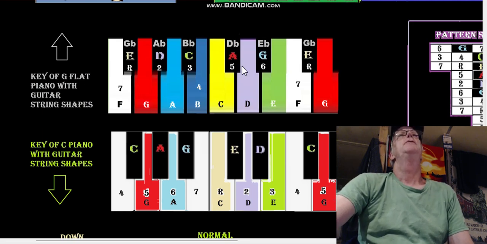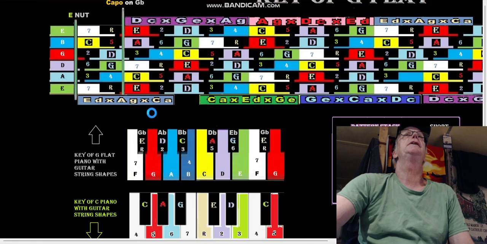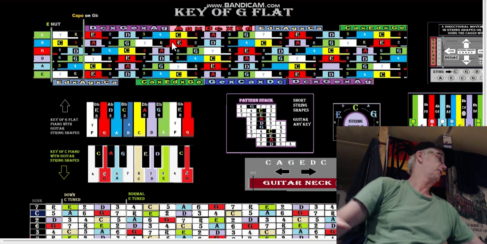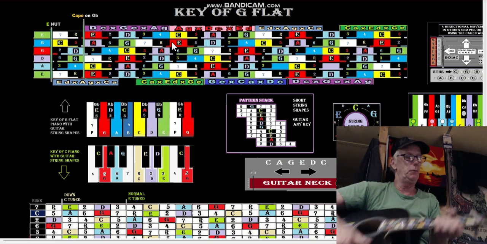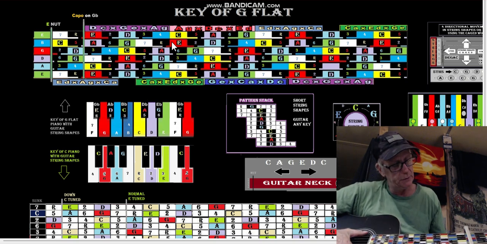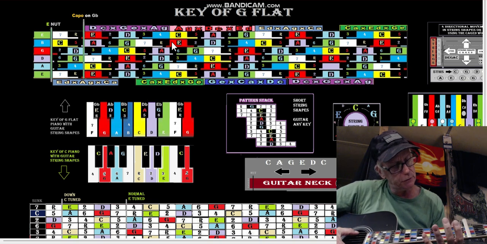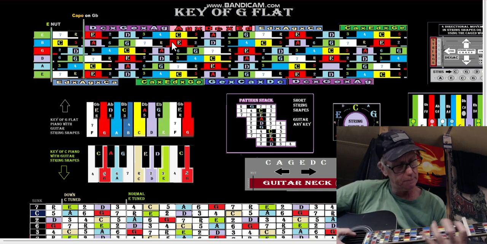So we can play that easily if we look at just the black notes as the pentatonics, no matter where we're starting. Here's where your capo is. So I just look for those black keys.